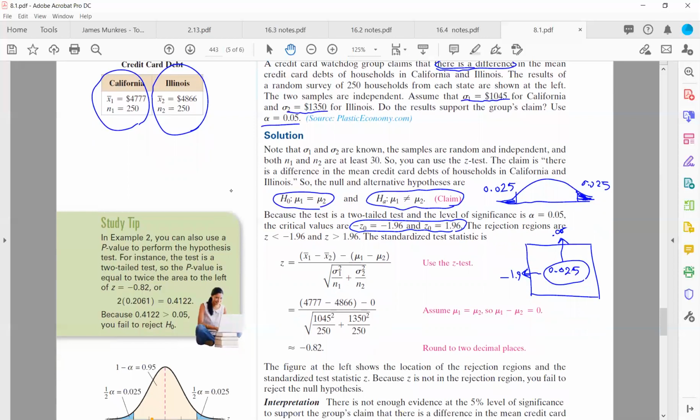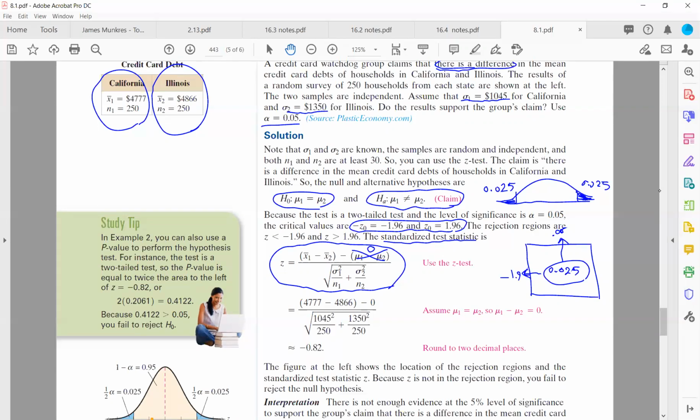Then we need to form the standardized test statistic, which is z equals x1 bar minus x2 bar minus the difference between the two population means, which is 0. You always assume that this difference is equal to 0. Divided by square root of sigma 1 squared over n1 plus sigma 2 squared over n2.